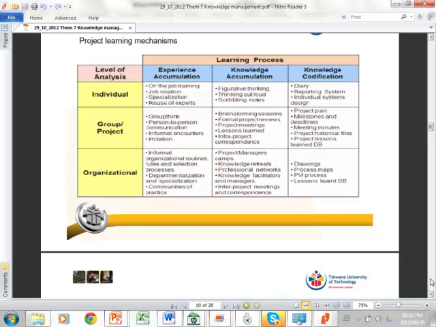At the project level, we have the project plans, the milestones and deadlines, the meeting minutes, project historical files, project lessons learned databases. So these things are codified, okay? But remember, it comes from the experience and from the knowledge accumulation, and it then goes into codification.